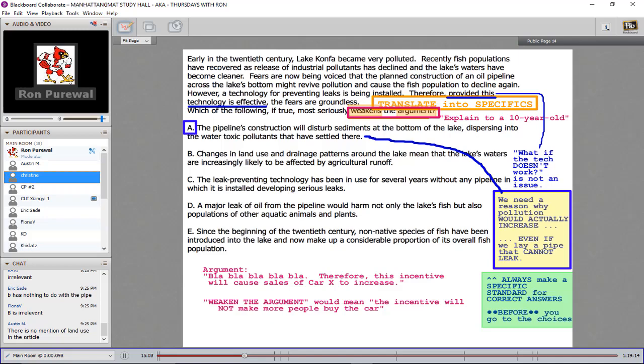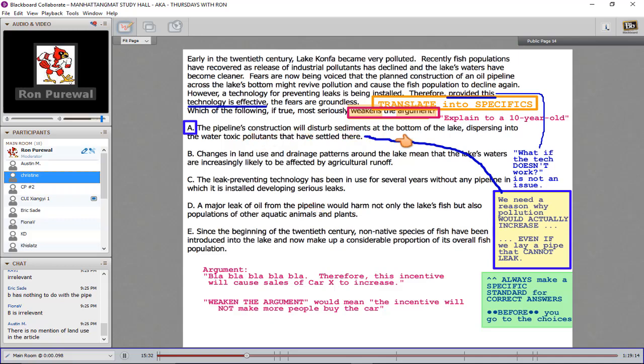This is why it helps to actually imagine that you are in a real dispute with real other people about this. If you imagine you're at some sort of town meeting or city council and you're actually arguing about this, think about what the argument is. The argument is, should we lay down this giant pipe across the bottom of the lake?